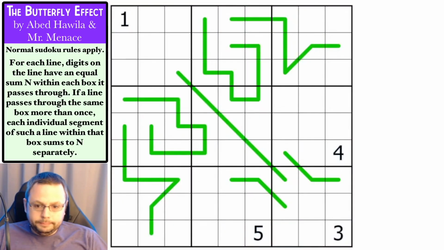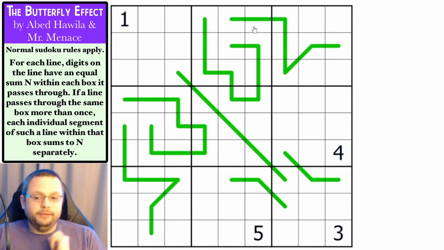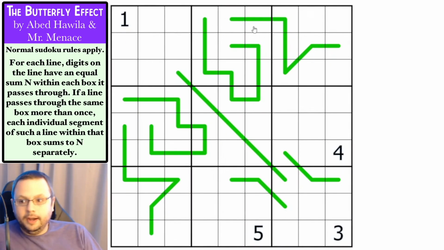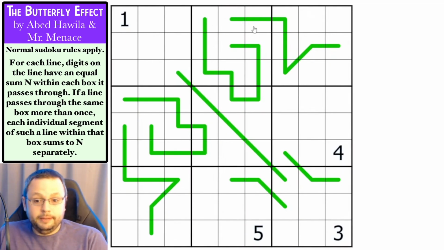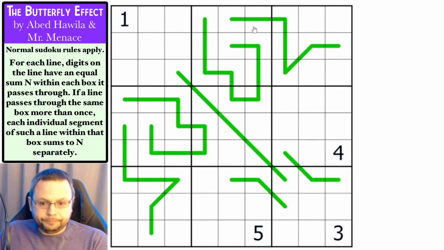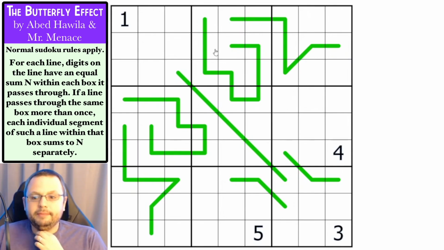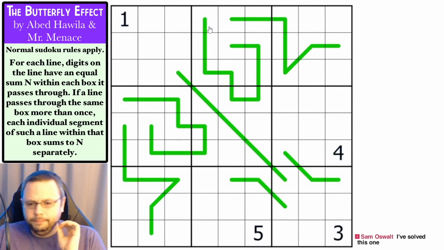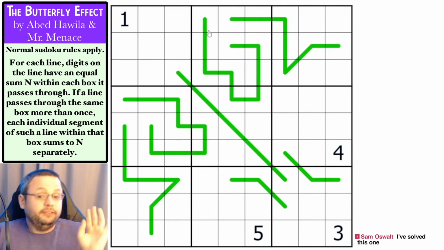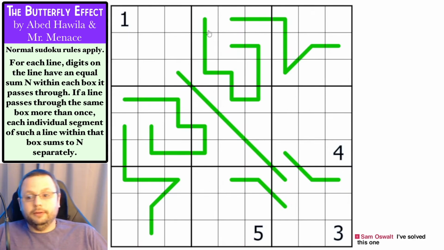Welcome back, everyone. Next up, we have what, despite appearances, is a region sumlines puzzle by one Abed Hawila and Mr. Menace combo. I really have been enjoying region sumlines, and so I just want to remind you how region sumlines work. Region sumlines, by the way, are usually a baby blue color. These are green.